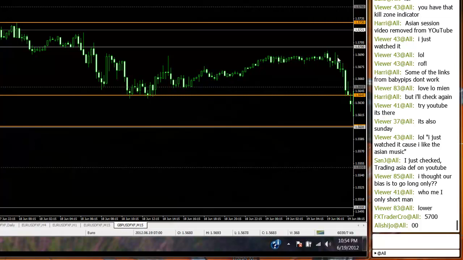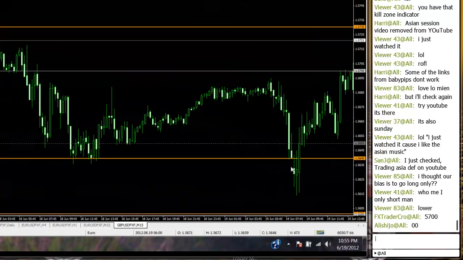This fails to get to the big fig, okay? Fails to get up there. If you always expect price to get to that full figure for your entries and not willing to accept the fact that it may not get there, you're going to miss trades. Okay, you're going to miss like that. I mean, that's a nice trading opportunity here.